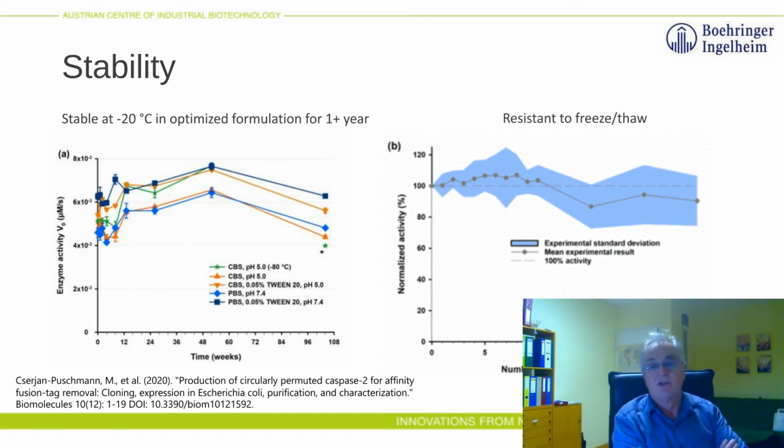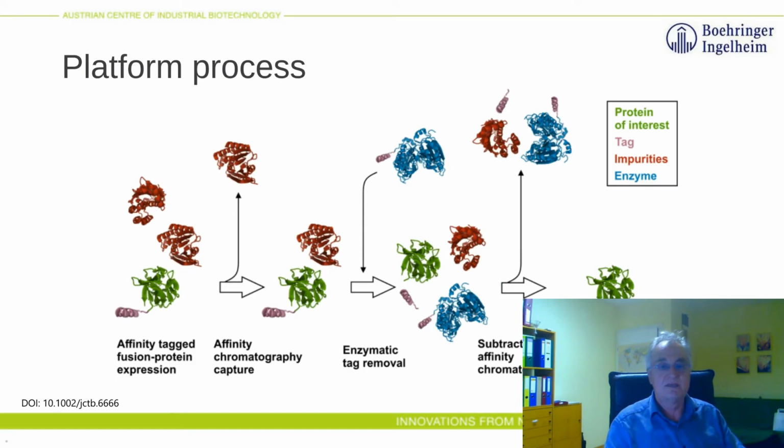So we checked 25 times, froze the enzyme, thawed it, and almost no loss in cleavage efficiency or enzyme activity. So how do we now proceed with such a generic platform for purification of non-mAb proteins?